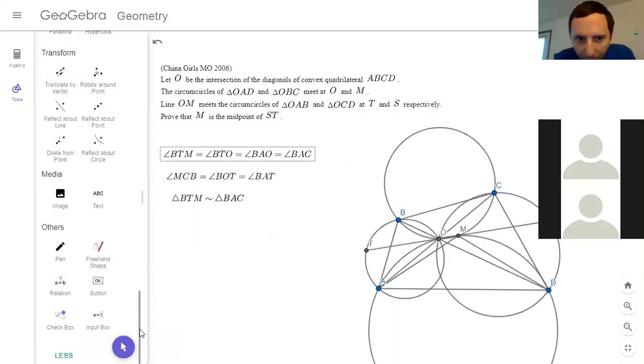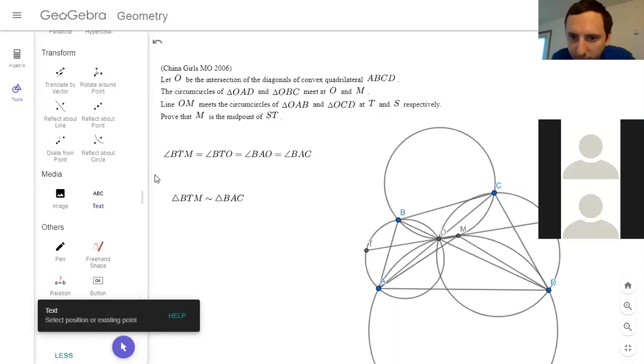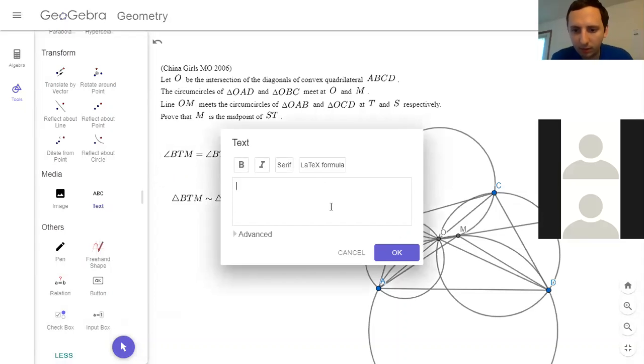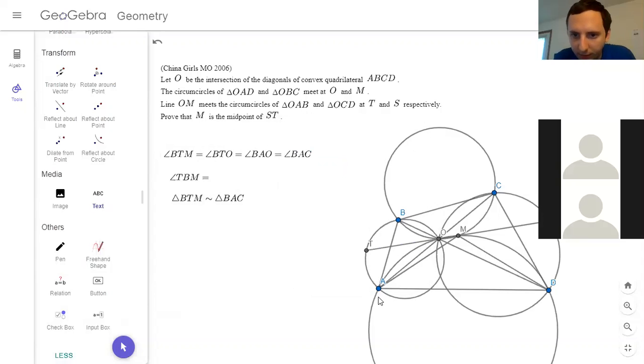And we also have angle TBM, TBA plus ABO.